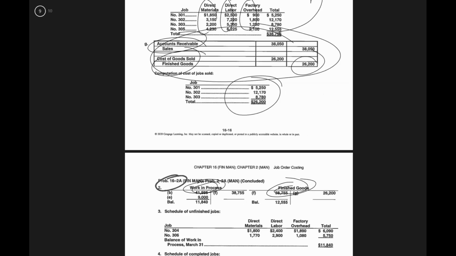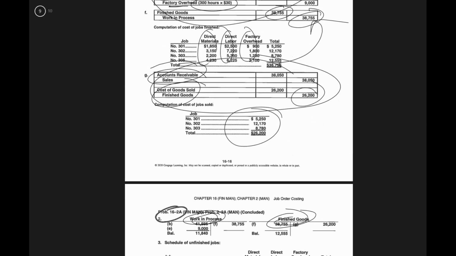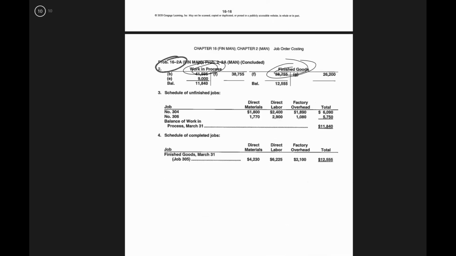The jobs that were sold were only 301, 302, and 303. So we still have 305 sitting in finished goods. So the unfinished, showing what they have got for direct materials, direct labor, and overhead, $11,840. Those are the 2 unfinished, 304 and 306.